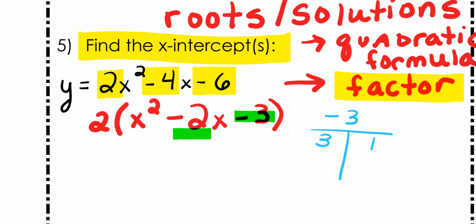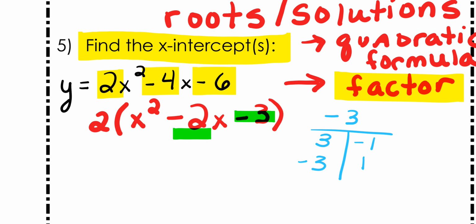Since -3 is what we're looking at for our C value, one of these is going to have to be positive and one of them is going to have to be negative. So if I make the 1 negative, I'm going to write down the other factors again, 3 and 1, and now I'm going to make the 3 negative. And I'm going to see which of these factors is going to give me -2.